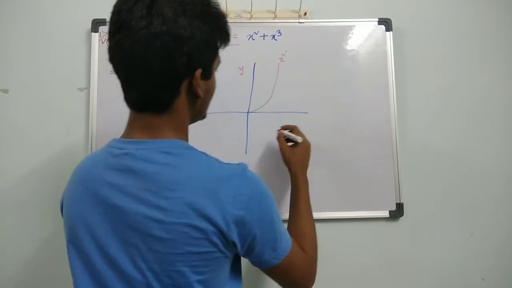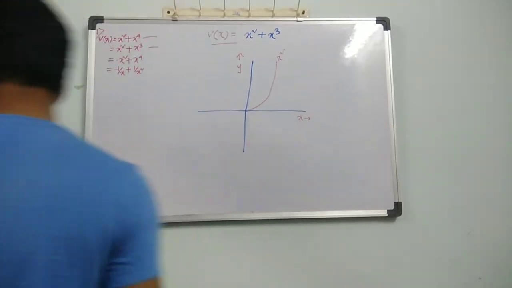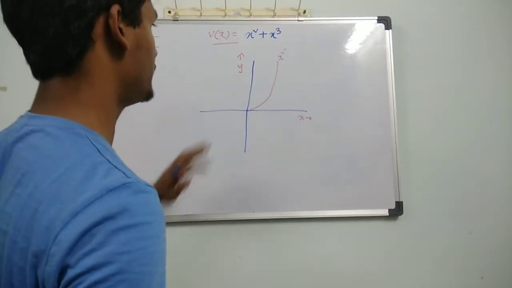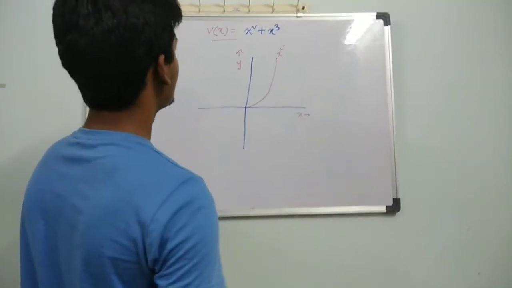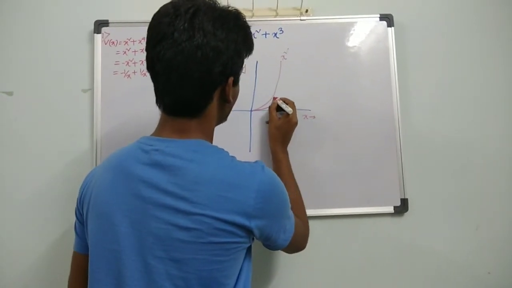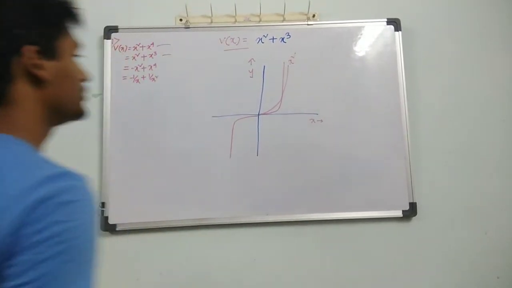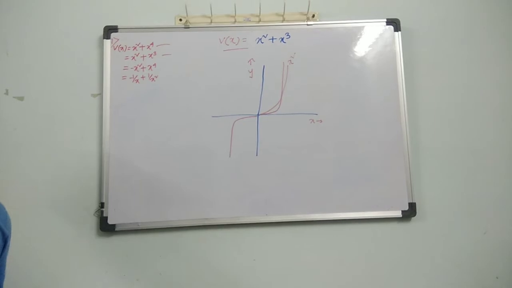I'm again telling, I'm not mentioning every time y and x. Pardon me for that, but this is my standard convention. Okay, x square. And what will be my x cube? This will be like, okay, no problem in that.